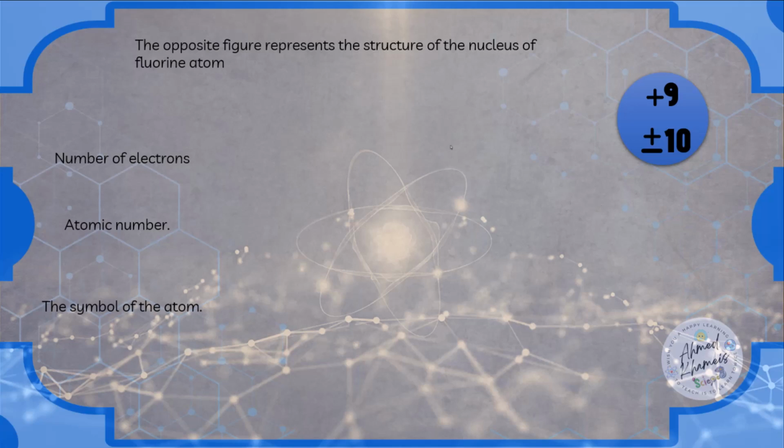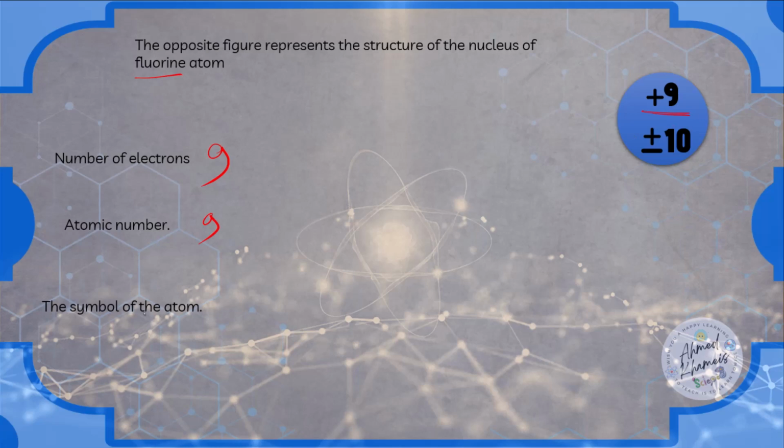The figure represents the nucleus of a fluorine atom. The number of electrons equals the number of protons. So it has 9 protons, so it will have 9 electrons. The atomic number is the number of protons, 9 protons.